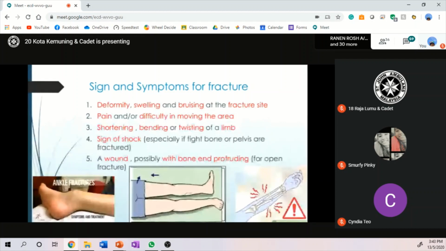The bone may also bend, like in the first picture of the legs, and some limbs will be twisted. There will also be signs of shock, especially with thigh bone and pelvis fractures. Do you know where the thigh bone is?